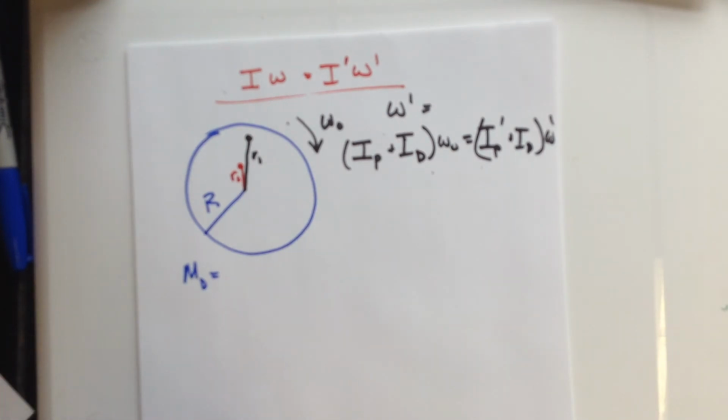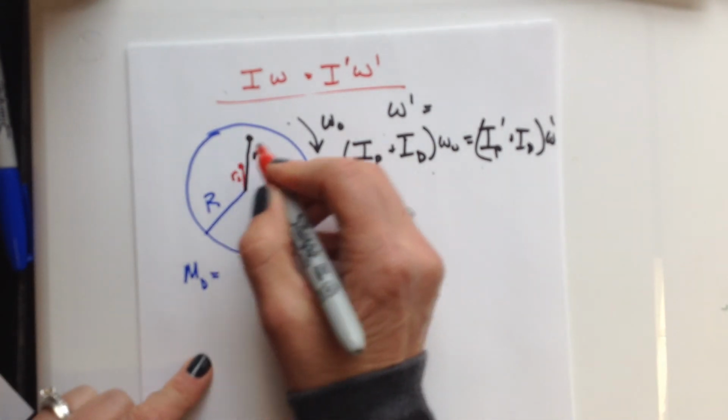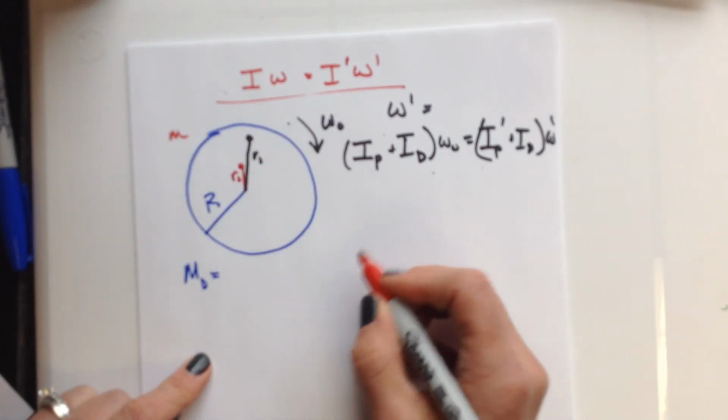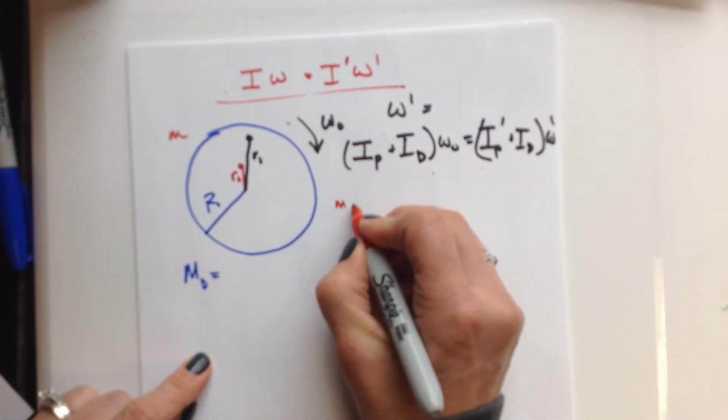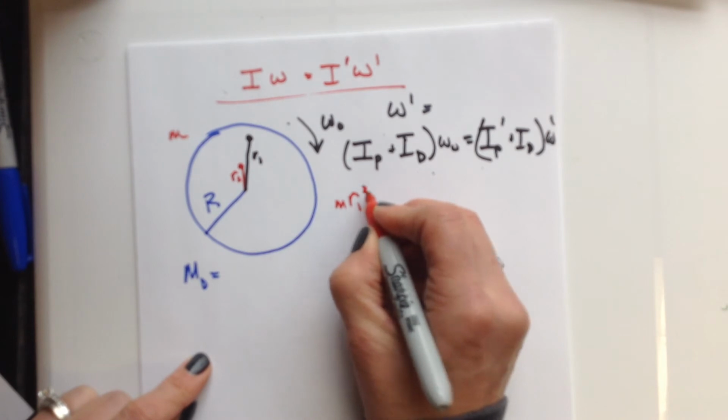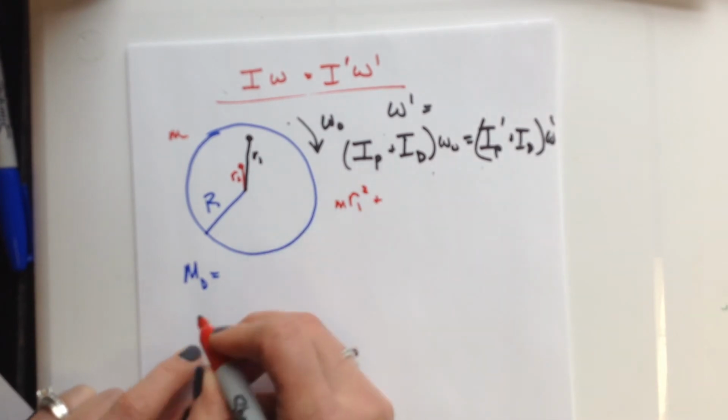So now let's substitute in what we know. Let's say that the mass of this little person here, let's just call it little m. They're going to start at r1 squared plus the inertia of the disk.